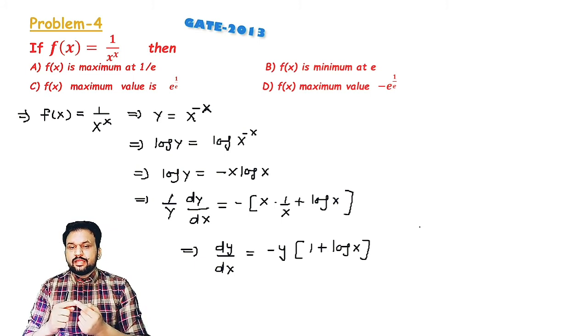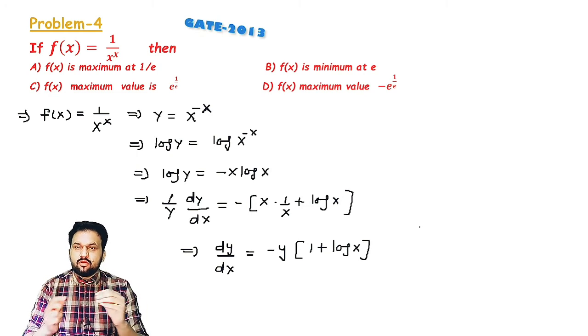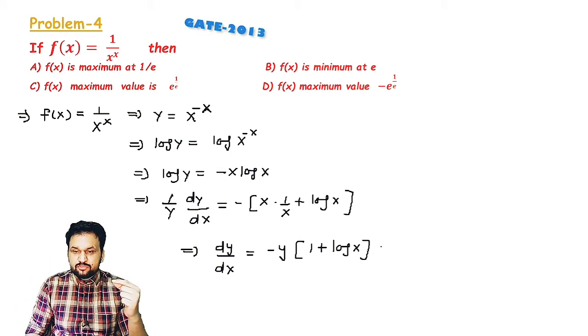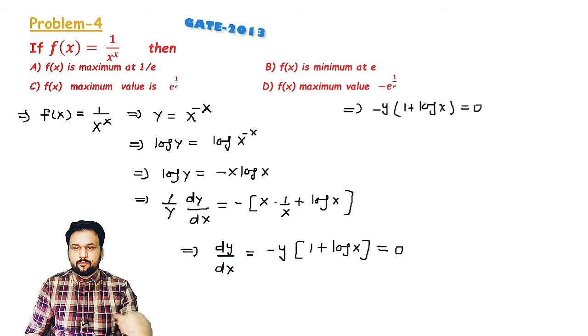In order to find the point that is giving you a maximum or minimum value, we have a method: we put the first order derivative equal to 0. So it means we have to substitute this part equal to 0. This relation becomes minus y times 1 plus log of x is equal to 0.